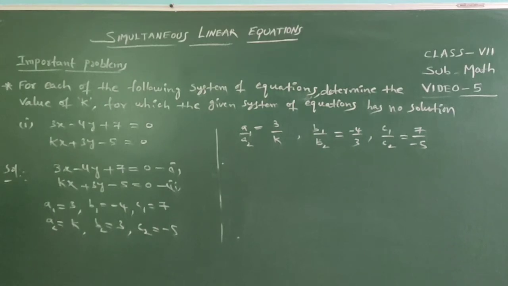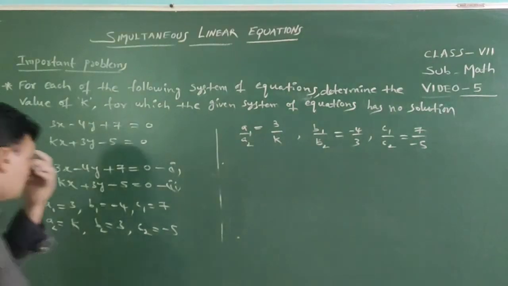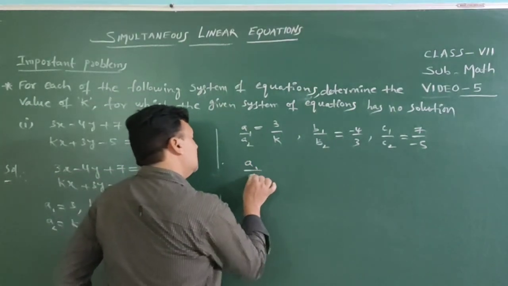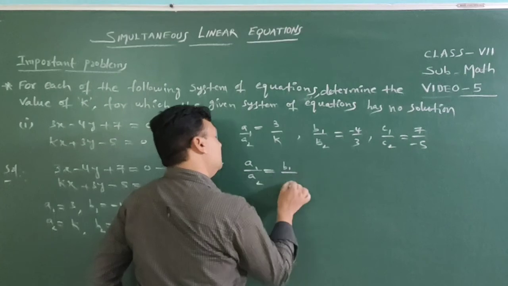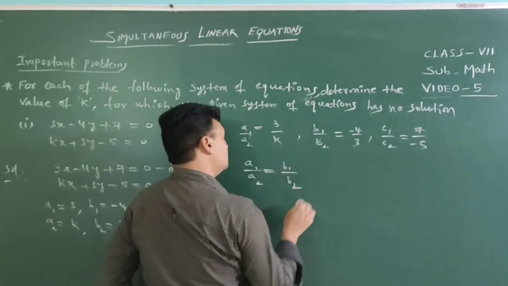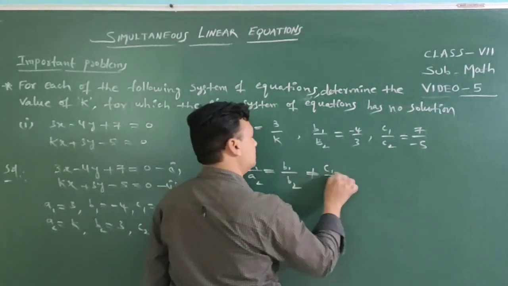The condition is a1 by a2 equals b1 by b2 should not be equal to c1 by c2.